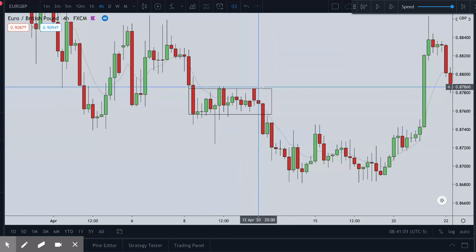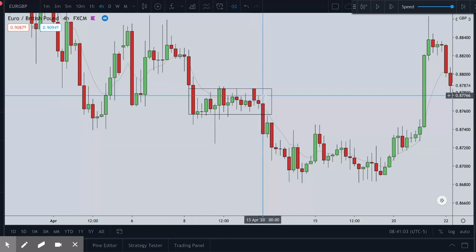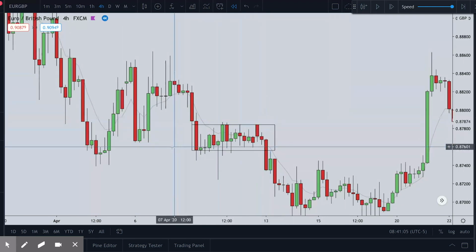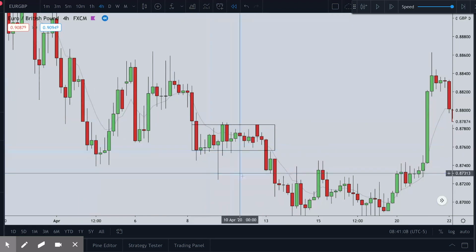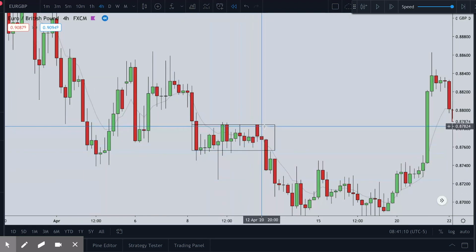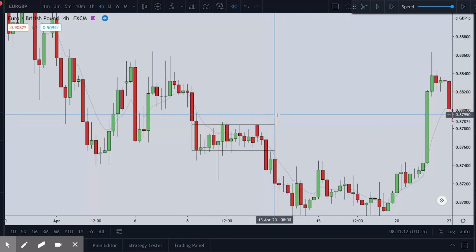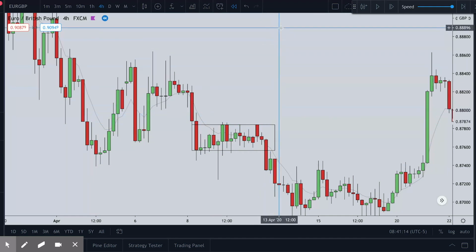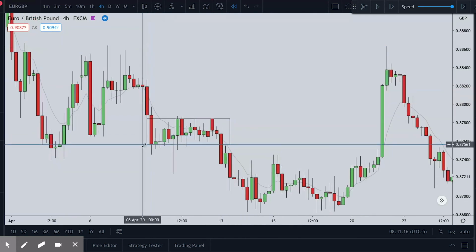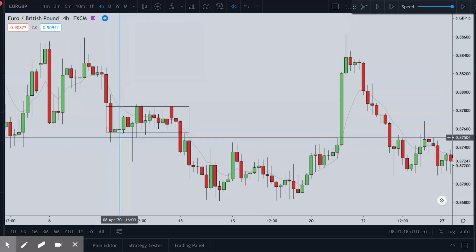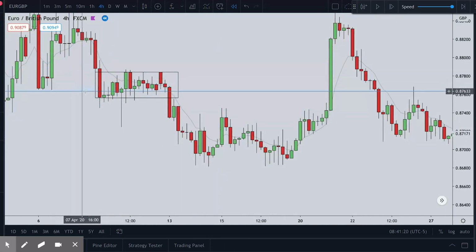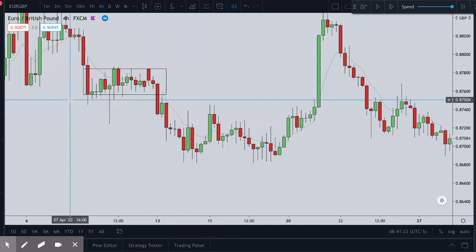If this was then followed by a bullish candle which closed above, that could have indicated that the selling pressure here is dead. We've seen 7 attempts to go lower, and they've all been pushed out. And now that we've seen this strong bullish momentum candle, we can look to take the market higher. So we're essentially just trying to view the rejected prices in the market to see which way the strength is building up.